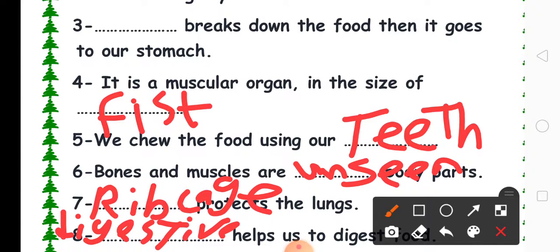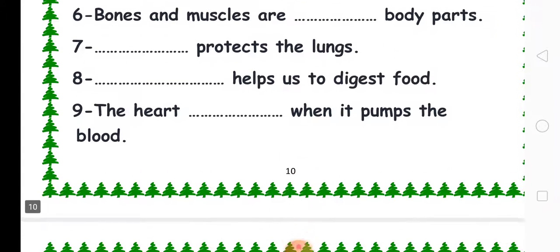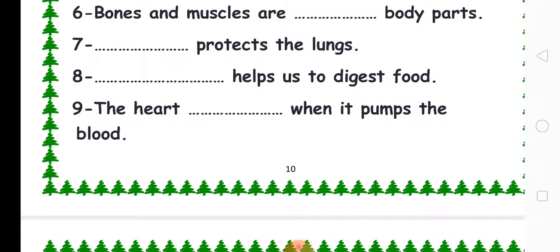Okay, junior 3. Number 9. The heart, what, when it pumps the blood? Junior 3, we have two options. Number 1, when the heart is filled with blood, when the heart becomes big, I can say the heart expands.